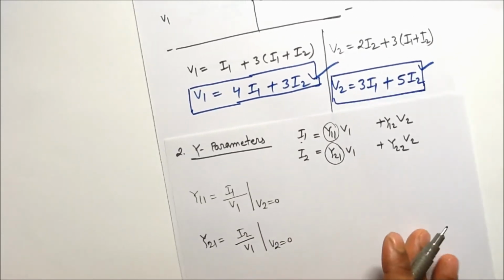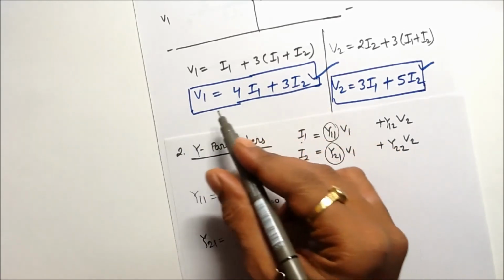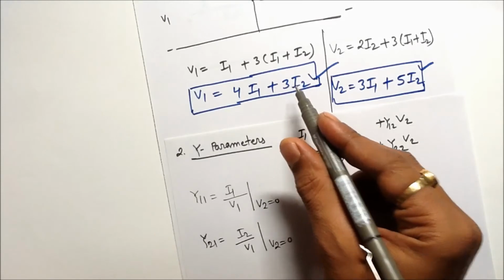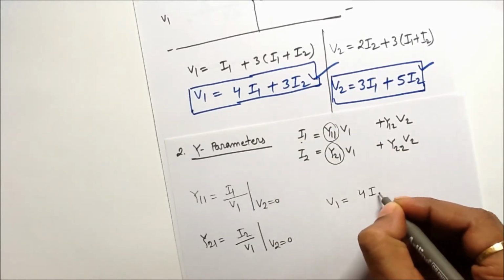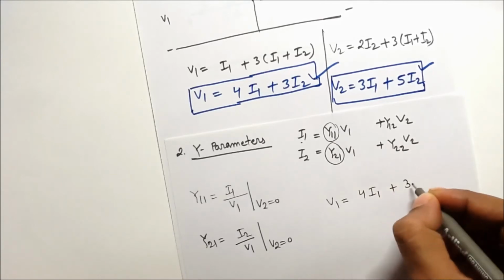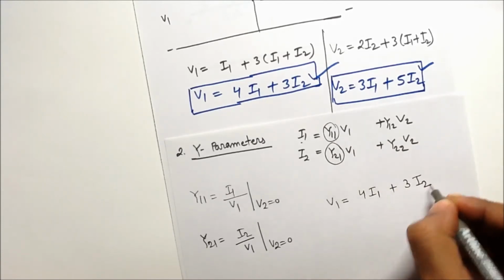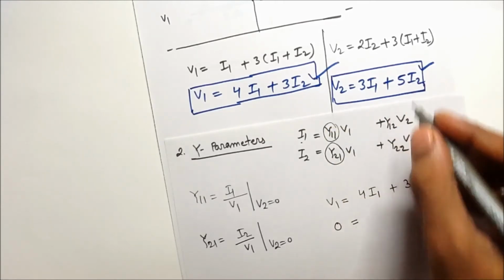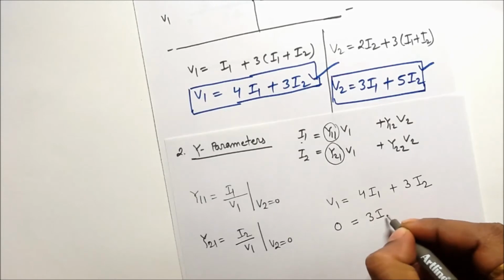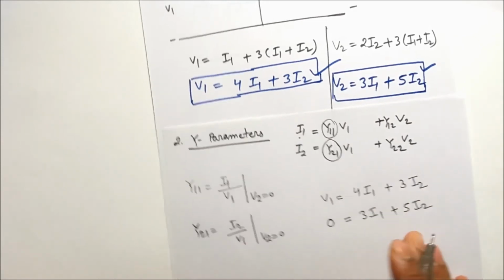Let us see. V2 is not present in the first equation, so it will remain as it is. V1 equals 4I1 plus 3I2. Put the value of V2 equals 0 in this second equation. 0 equals 3I1 plus 5I2.